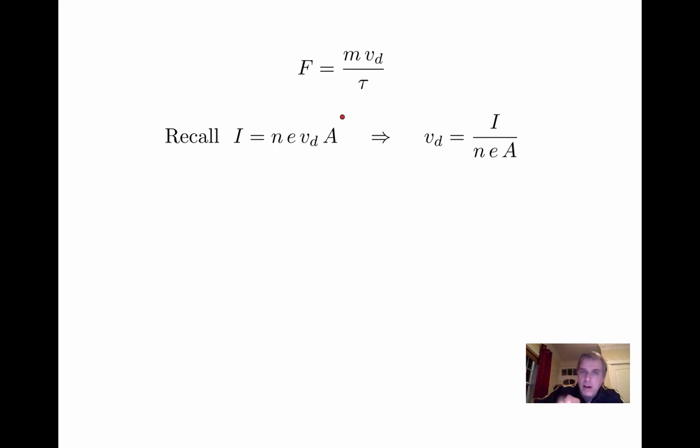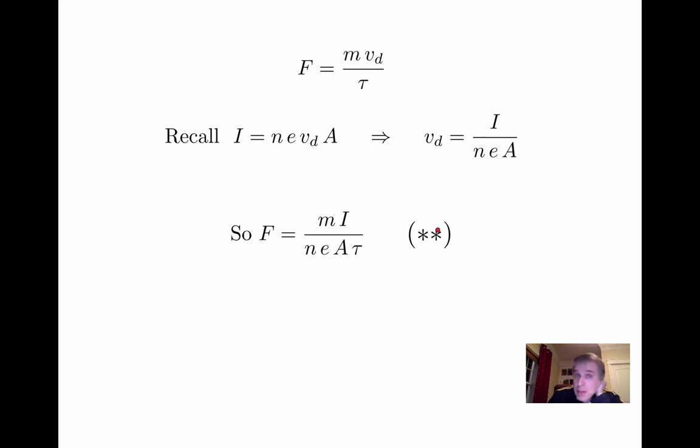This A is the area of the resistor. So from this I get an equation for Vd, and I plug it in here. That way I'm getting an equation for the force that contains the current. I just replace Vd in here, and I get this equation for the force. Okay, this is my equation double star.